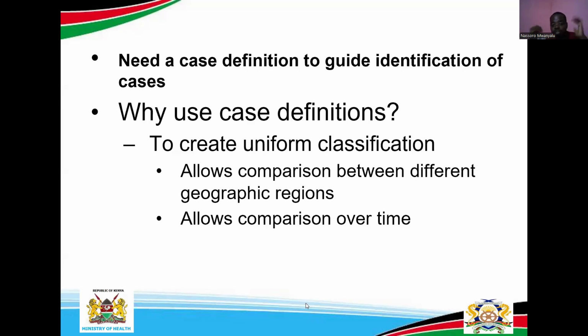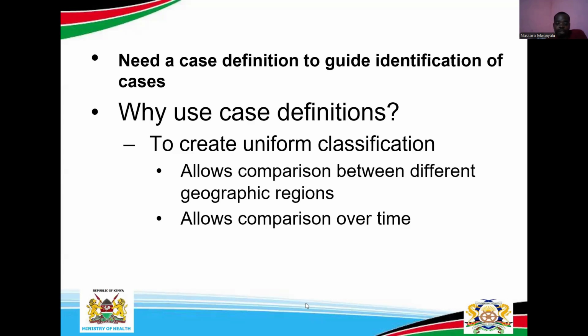If we leave it open, and we just say that you need to do surveillance, you will get a lot of cases or a lot of data which might not be relevant to your objectives. So case definitions help us to create uniformity.